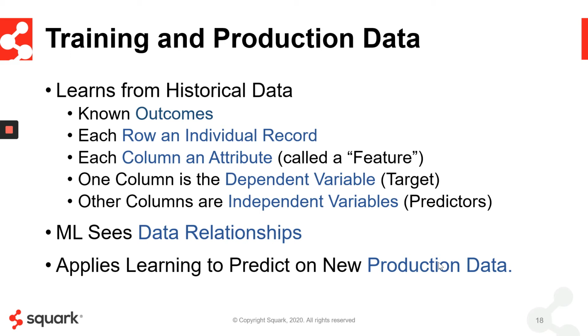We enable our system to see the relationships in your data. And then we apply what we've learned, that best model from your historic training data, to your production data. We'll talk about production data and training data over the next few slides and give some examples.